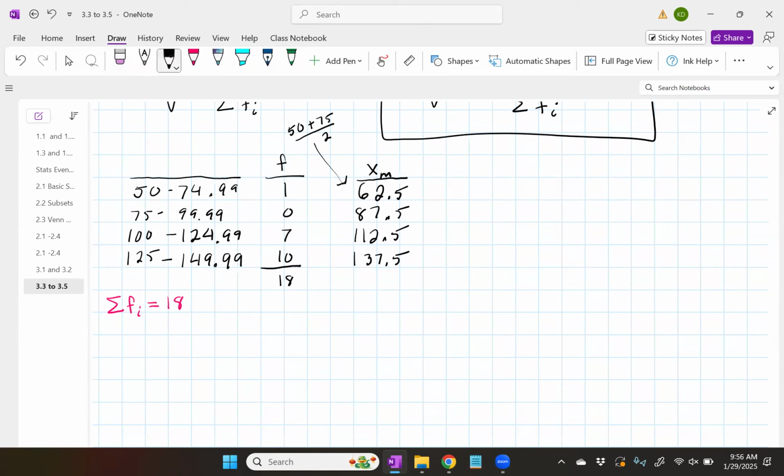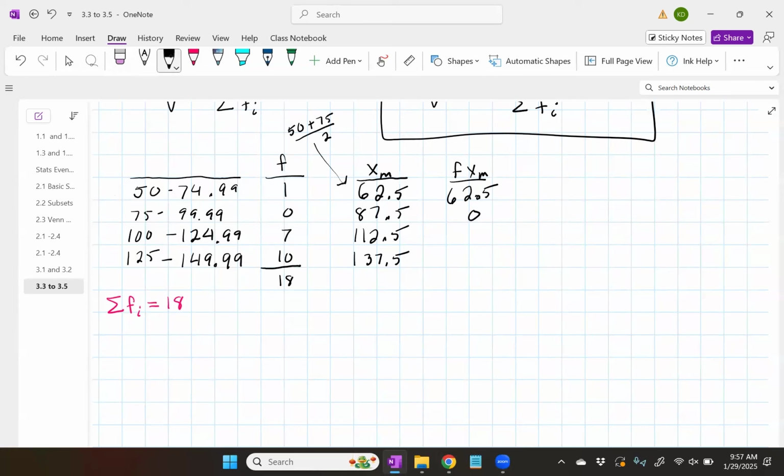The next thing we're going to do is take our F column times our new X sub M column. So this is F, X, M. So our first one, 62.5. Our second one is 0. That's lovely.